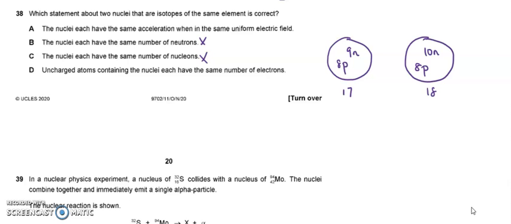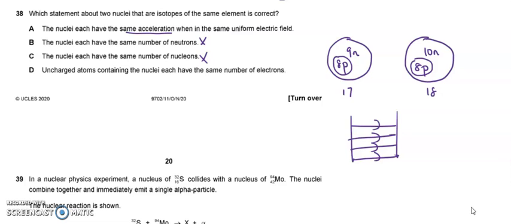And if you look at A, the nuclei each have the same acceleration in the same electric field. So if we let both of them in a particular electric field, because they have the same number of protons, the same positive charge, they will experience the same electrical force, F equals EQ.